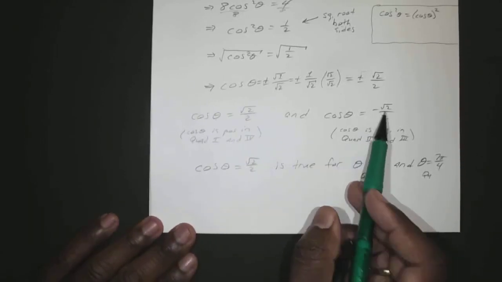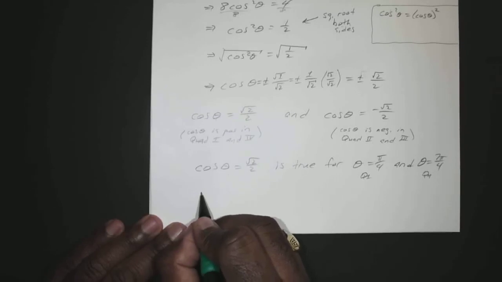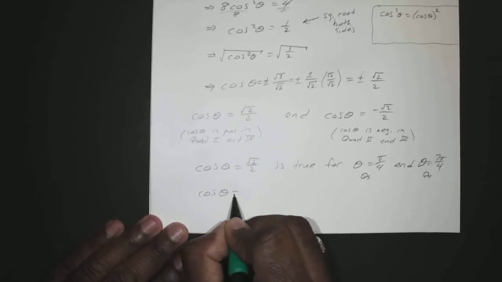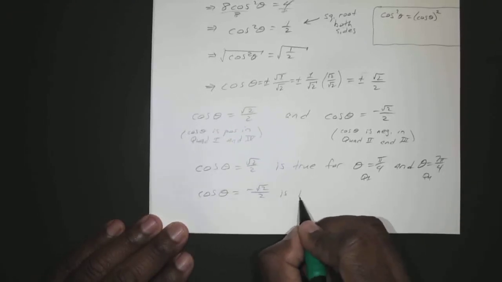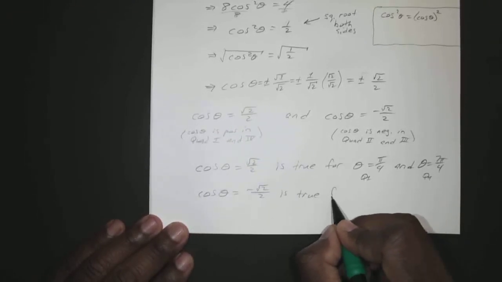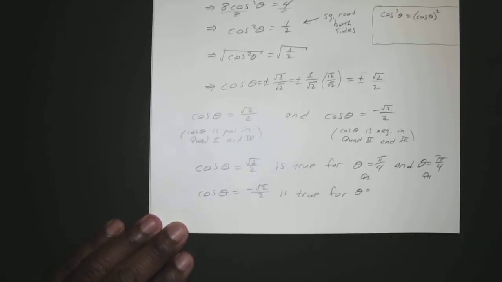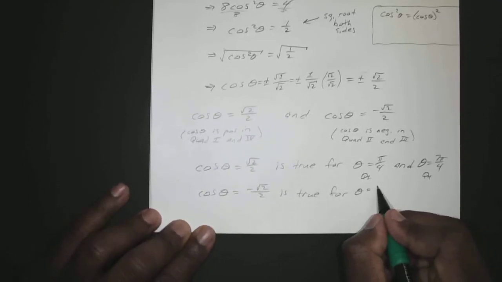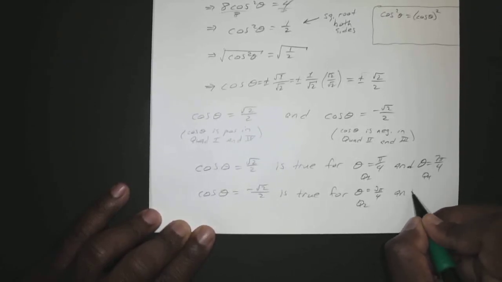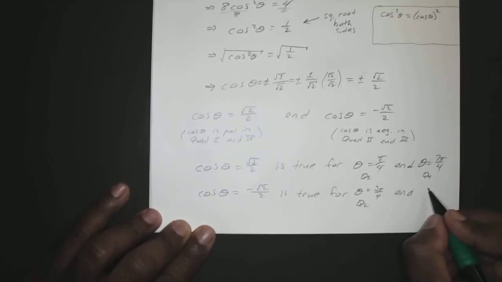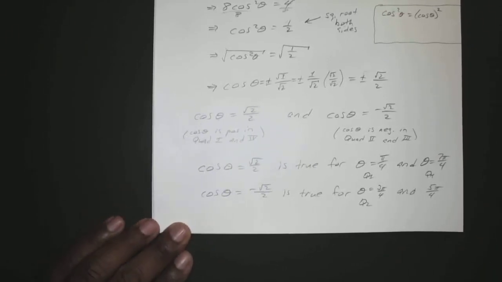Now cosine theta equals negative square root of 2 over 2 is true for theta equals 3 pi over 4, which is in quadrant 2, and 5 pi over 4, which is in quadrant 3.